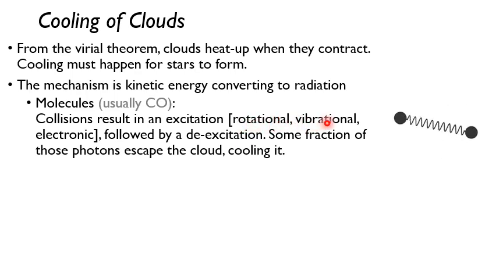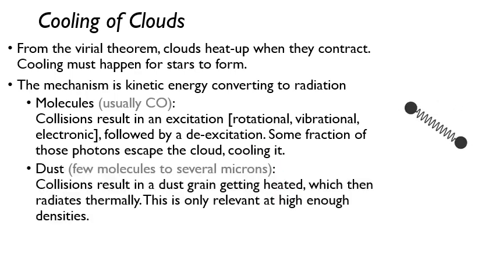At higher energies, you can go to vibration, and at the highest energies, you can go to electronic excitation. We're typically at lower energies, so we're mostly exciting rotational frequencies. So the collisions result in these carbon monoxide absorbing that energy and turning it into a rotation, and then that can then de-excite. And de-excitation happens via photon emission. And some fraction of these photons then escape the gas cloud, and it cools in this way.